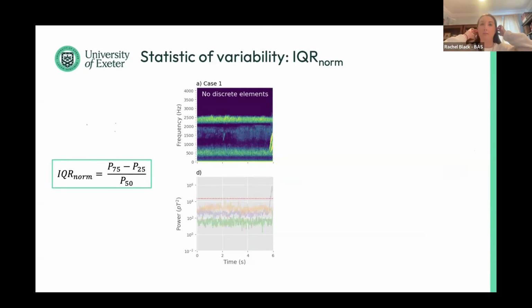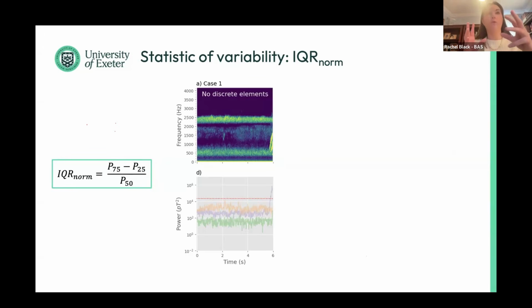Our statistic of variability is something called the normalized interquartile range. And this is essentially, for each integrated power, the difference between the 75th percentile and the 25th percentile, all divided by the median, to provide a sort of normalized measure of the spread of the power for a given frequency band for a given burst sample.